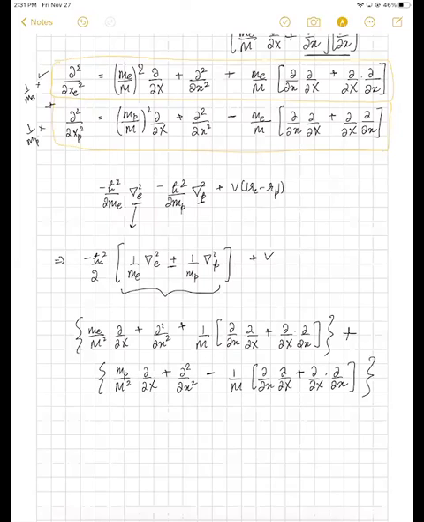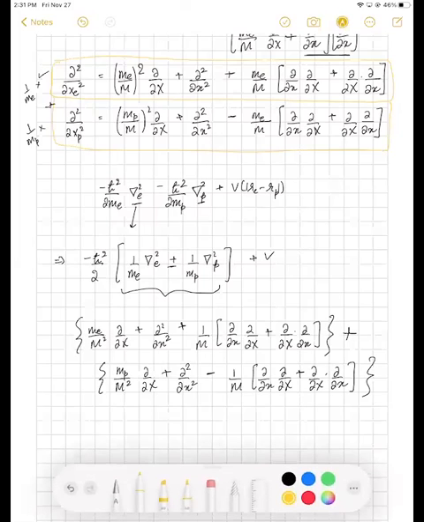So you'll notice immediately that this term and this term cancel because of the minus sign.